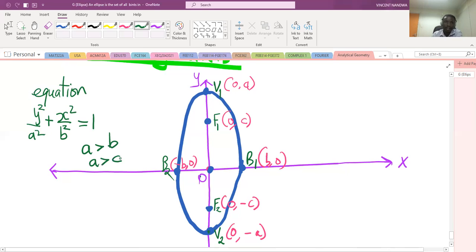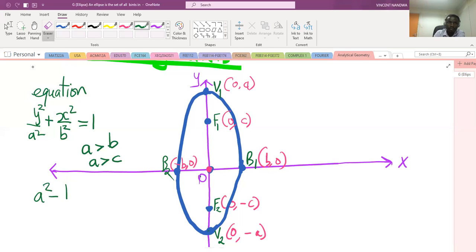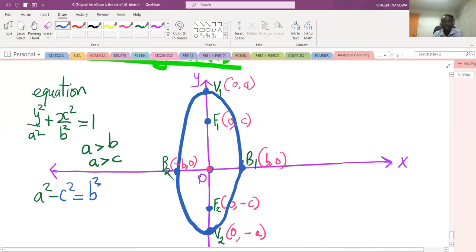The relationship between a, b, and c is that a squared minus c squared gives you b squared, from which you can get the relationship between the three values a, b, and c. And so we have given the coordinates of the vertices, co-vertices, and the foci.